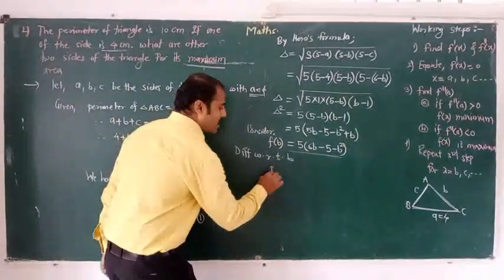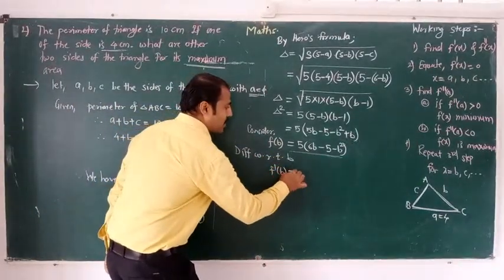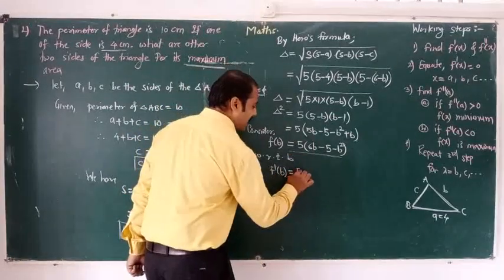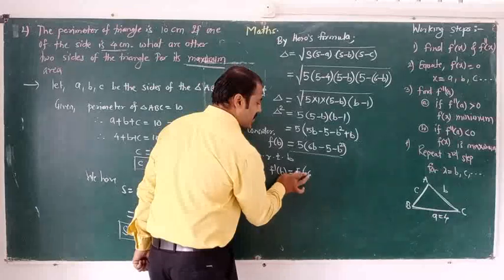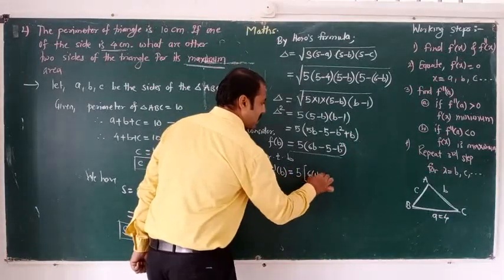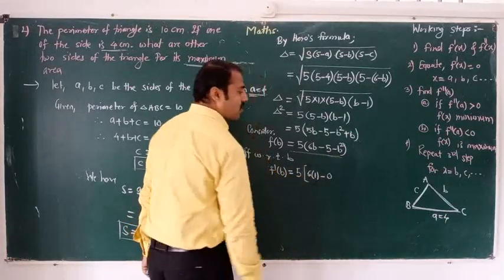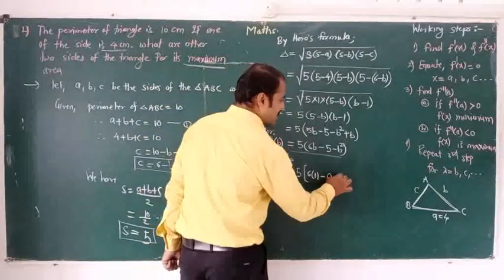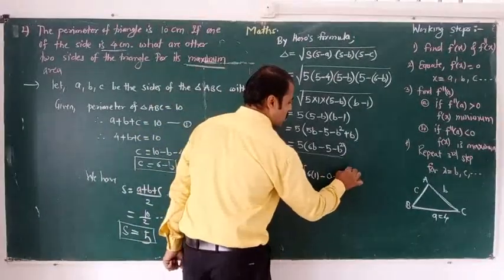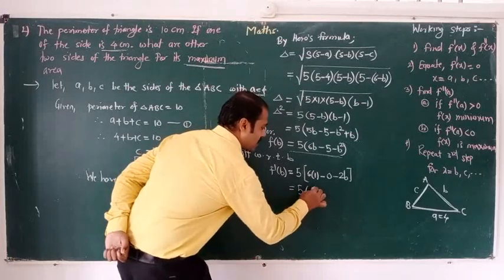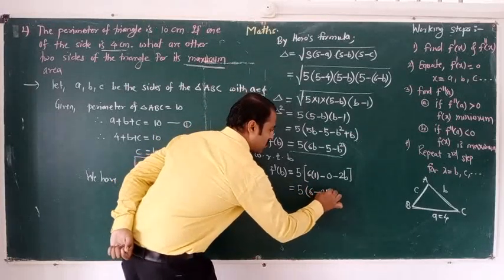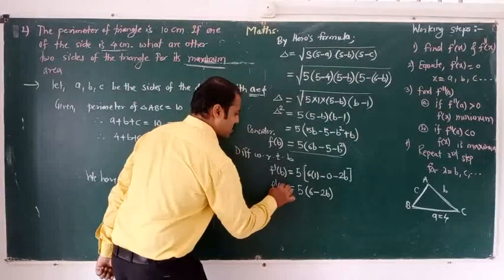Derivative of f of b is f dash of b, which is equal to 5 constant as it is, 6 constant, derivative of b is 1, minus 5, derivative of a constant is 0, minus b square, derivative is 2b. On simplification, f dash of b is 5 into 6 minus 2b.